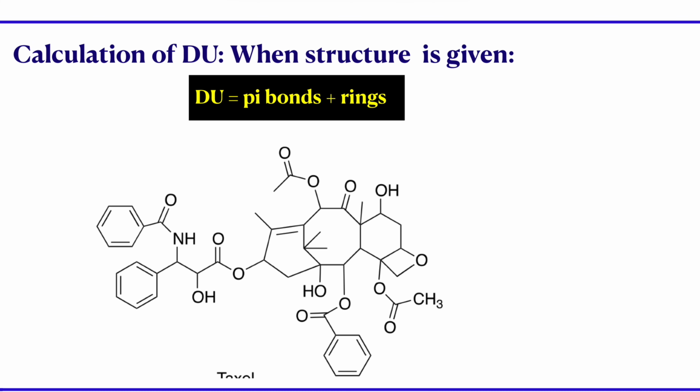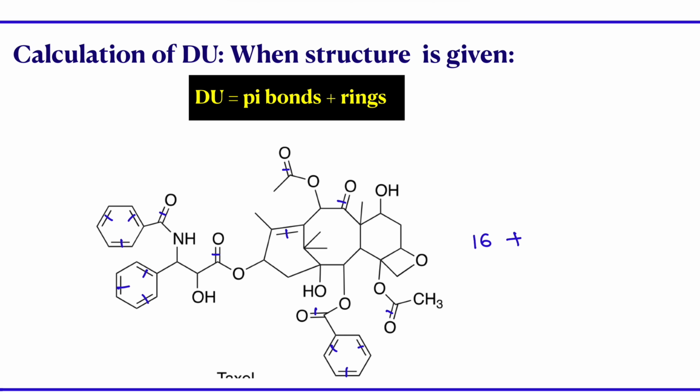So let us take the first compound here. 1, 2, 3, 4, 5, 6, 7, 8, 9, 10, 11, 12, 13, 14, 15 and 16. Totally there are 16 pi bonds.